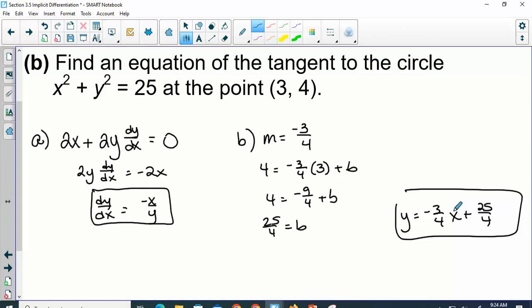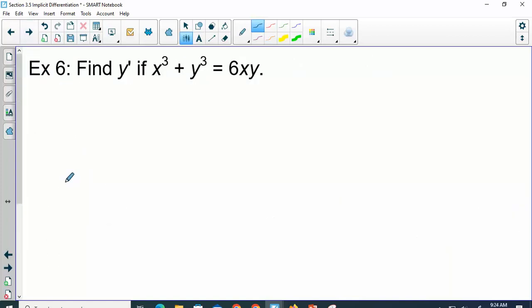Let's do a couple more. So if I ask for y prime, what does y prime mean? Derivative, same as dy dx.